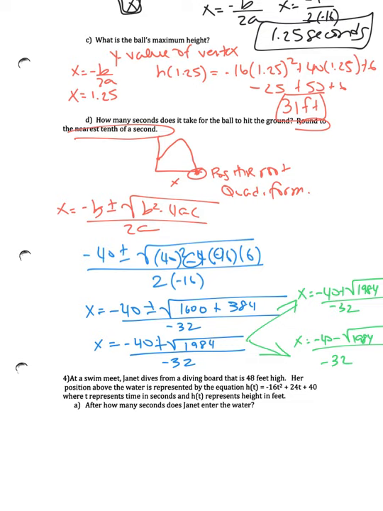So my first root is x equals negative 0.1, because it was negative 0.14. And then for the second one, negative 40 minus the square root of 1,984, all of that divided by negative 32, is going to be positive 2.6. So I'm going to reject the negative and accept the positive.